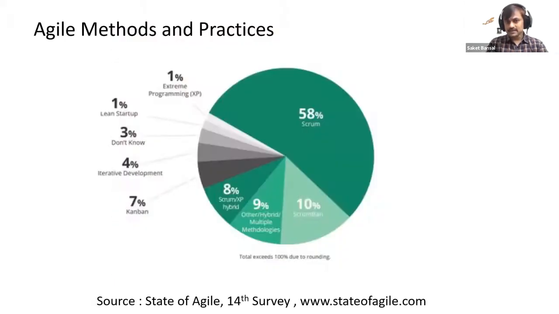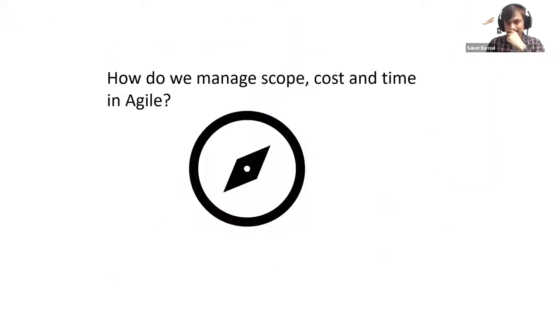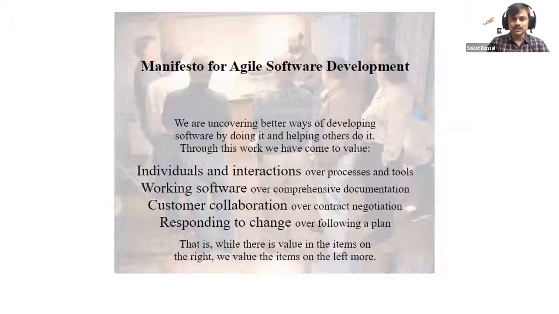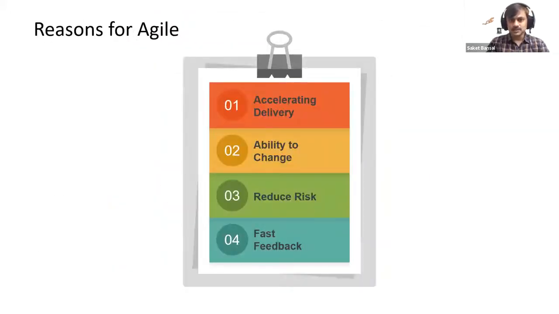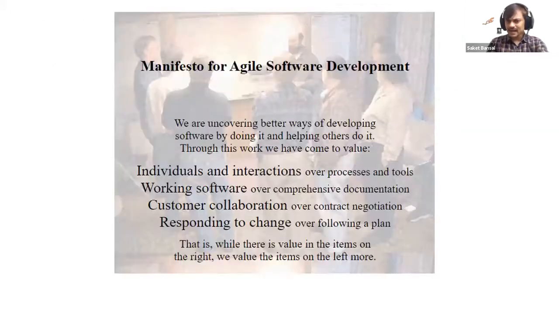And before I take a poll from you, I need to talk about this particular stuff. I think I will pause after the Agile Manifesto, and then we can have questions related to what you think about Agile. The Agile Manifesto is a formal definition of Agile.